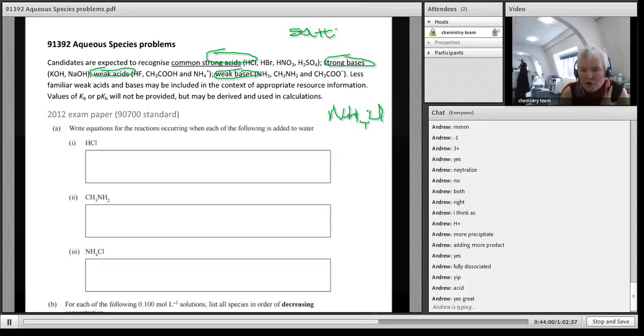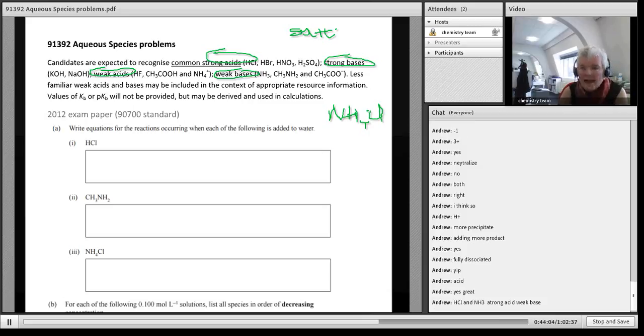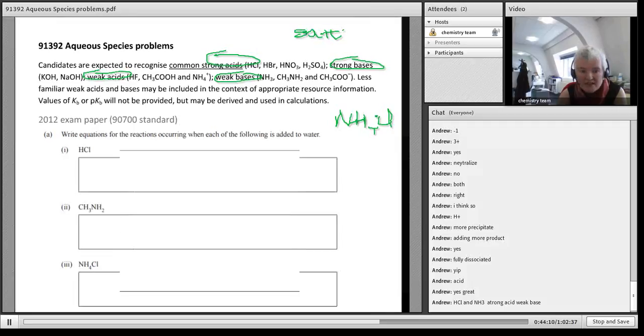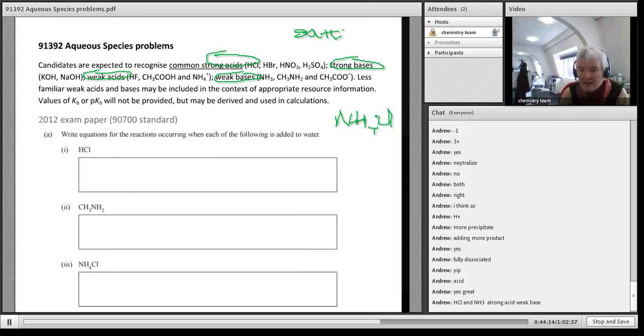So ammonium chloride comes from HCl, which is a strong acid, and NH3 is a weak base. Those are the ones you have to learn off by heart. Those are given, so those are the weak acids, and those are the weak bases.